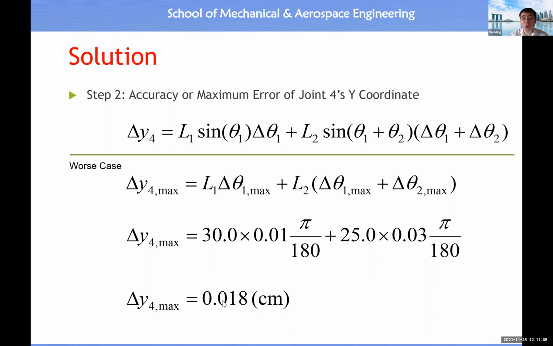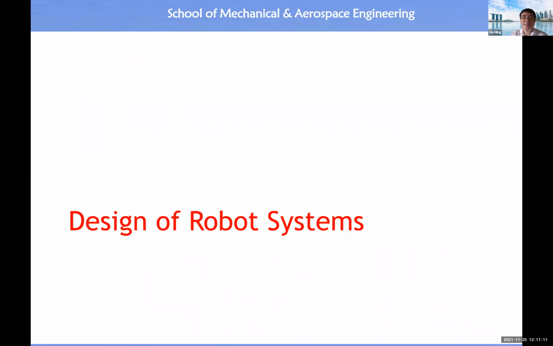Then this value is 0.018 centimeter, but actually it's quite a bit smaller. All right, so that's about the accuracy. So now you have a good understanding about these three criteria for us to judge the response from the robot designed by you.